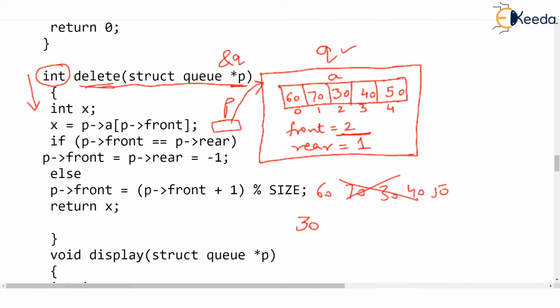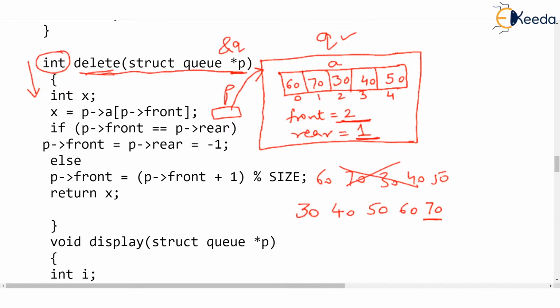So the frontmost element of the queue is not 60. The queue actually begins at the second location. And of course, after that, it would be 40, then 50. And then after 50, you will go circularly back to position 0 and say 60 is the next element and 70 is the rearmost. You can see that 70 actually is the rearmost because rear has a value 1.